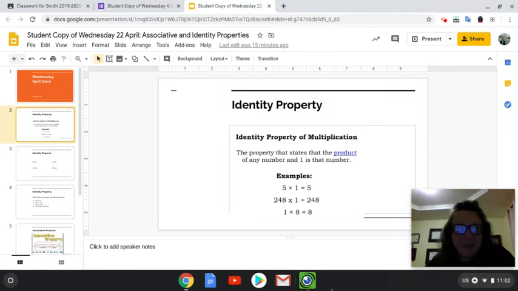So let's go ahead and get started for the day. And today we're going to talk about the associative and the identity properties of multiplication.